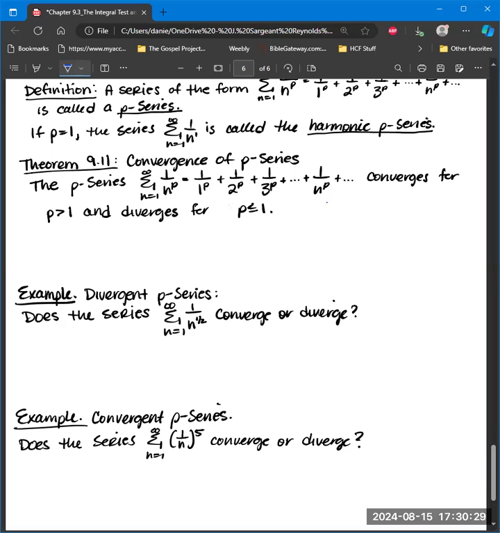All right. P equals 1 is the harmonic series, so it diverges by the P series test.